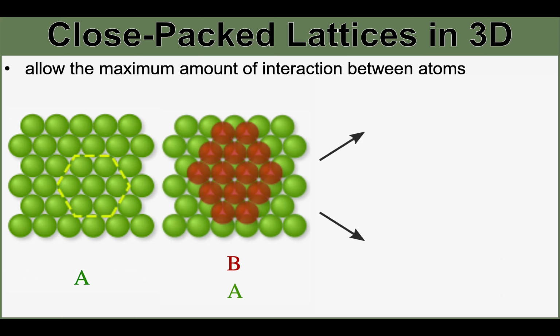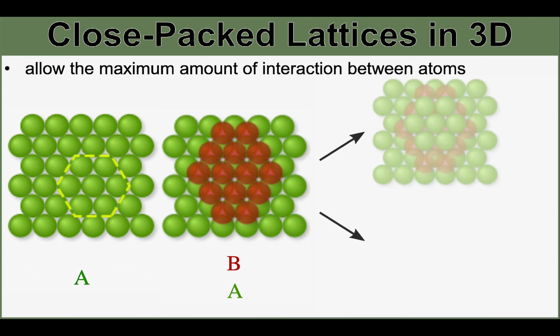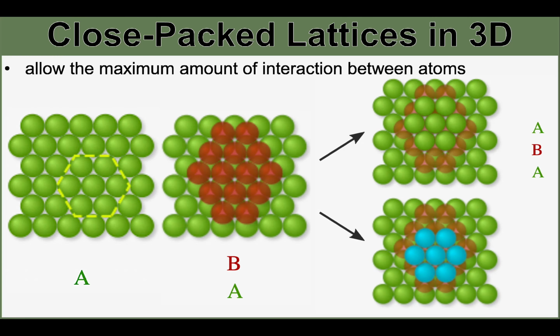Either this layer lies exactly above the first one, or so layer A again. So we'll have a pattern ABA, or it is shifted with respect to both A and B and thus has its own position C. So we will have the pattern CBA.